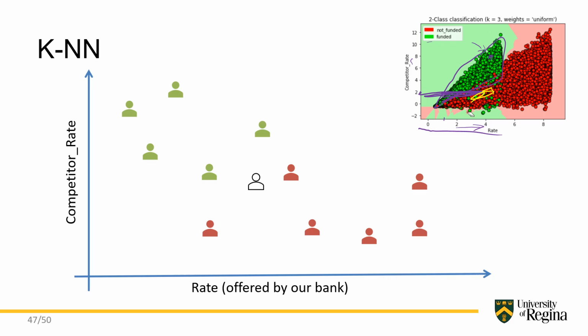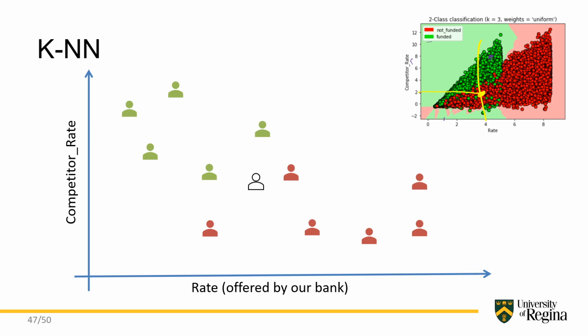Yeah, yellow is better. So let me give you an example. Imagine that our bank is offering 4 and a score of 4, and then another bank is offering a rate of 2. So if I connect these two, that is going to be roughly here.